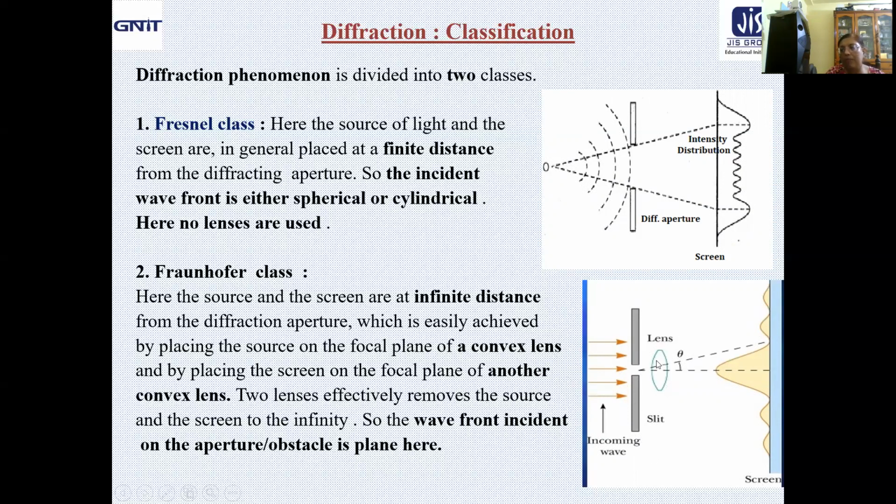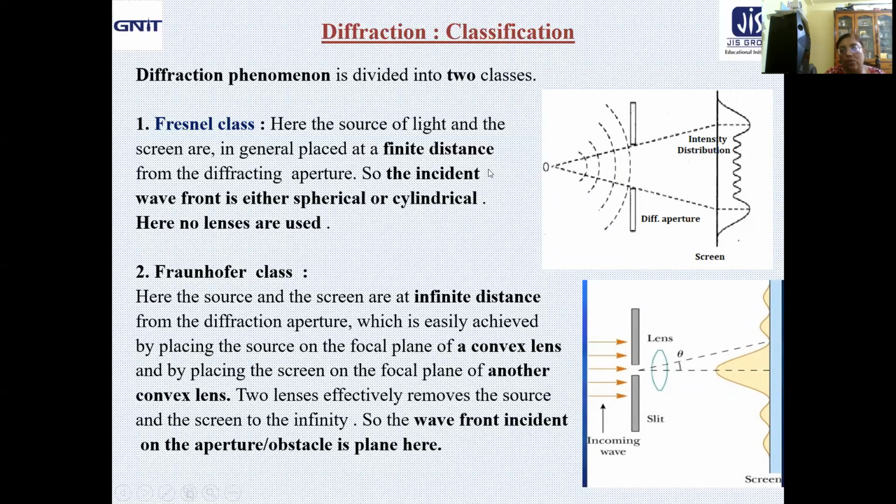Naturally, the diffracted beam, when it passes through the lens, will converge those parallel beams of light or the plane wavefront onto the screen, forming the intensity distribution. That means the two lenses, one on the left and one on the right, effectively remove the source and the screen to infinity. Naturally, the incident wavefront is plane, and here we are using the lenses.